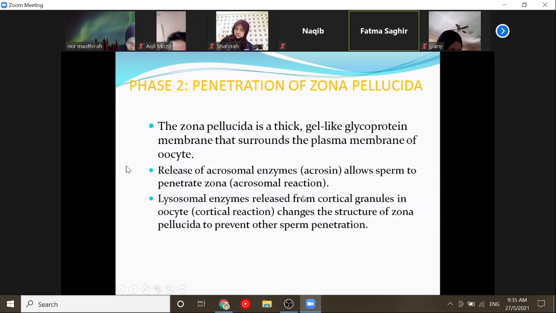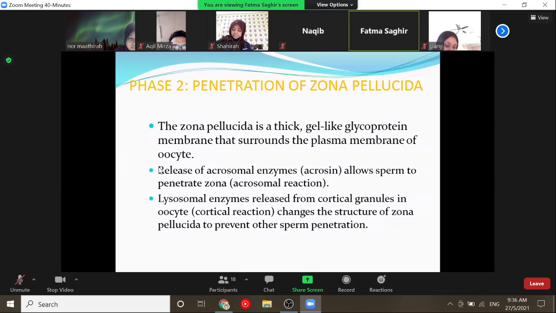So once the sperm binds with the receptor at the zona pellucida, the second layer after the outer layer corona radiata, there will be an acrosomal reaction, meaning the release of some enzymes that help penetrate this layer. We call it the acrosomal reaction.